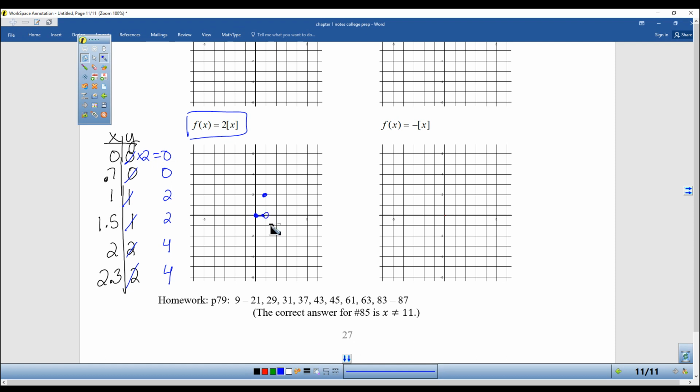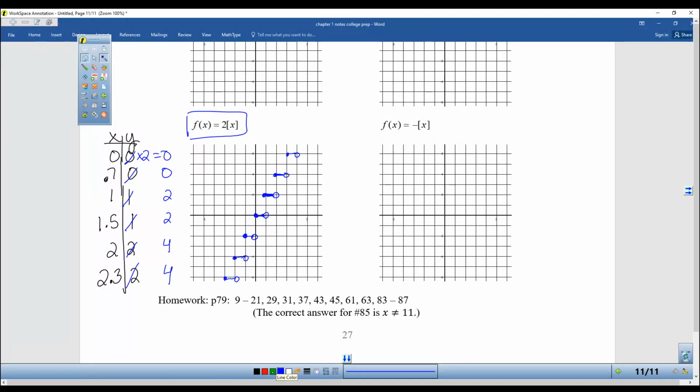And then hopefully that's enough to make you see the line. At 1.5, it's still at 2. But then at 2, it jumps up to 4. So this is just 1 point. You have to make the whole entire line. And then hopefully at that point, you can see what interesting thing it's doing. But if you're not sure, plot more points. I would plot them on your black XY table for the parent function and then just multiply everything by 2. I think you'll be more successful that way.